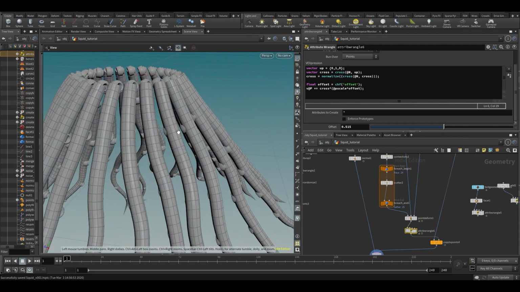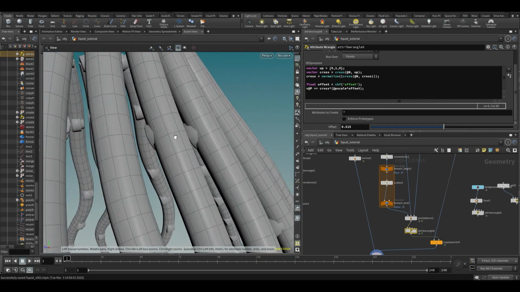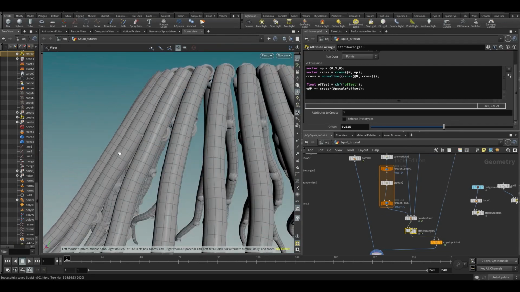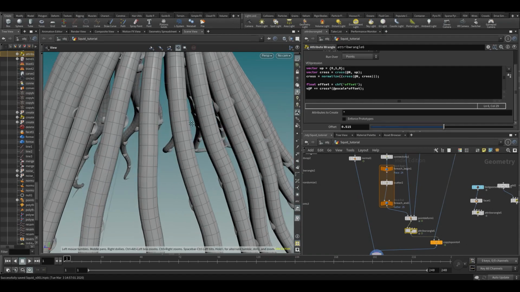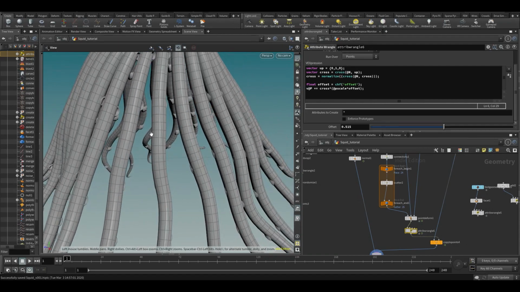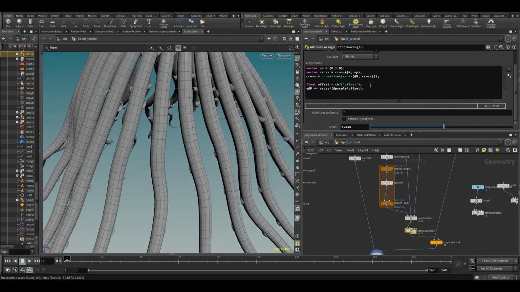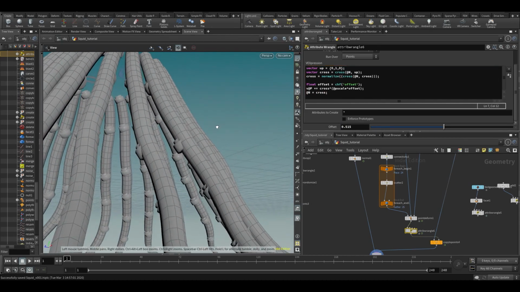So you see our copies are still sort of oriented a little bit weirdly. So maybe what we want to do is, first off, we maybe want to orient them in the same direction as well. So I guess add n equals cross, right?